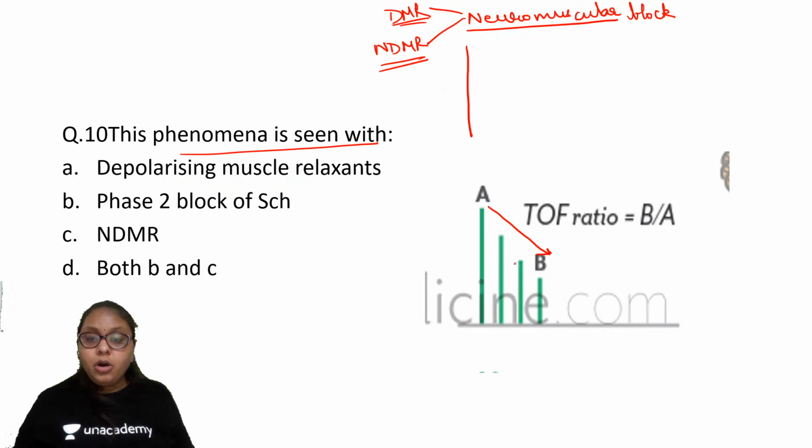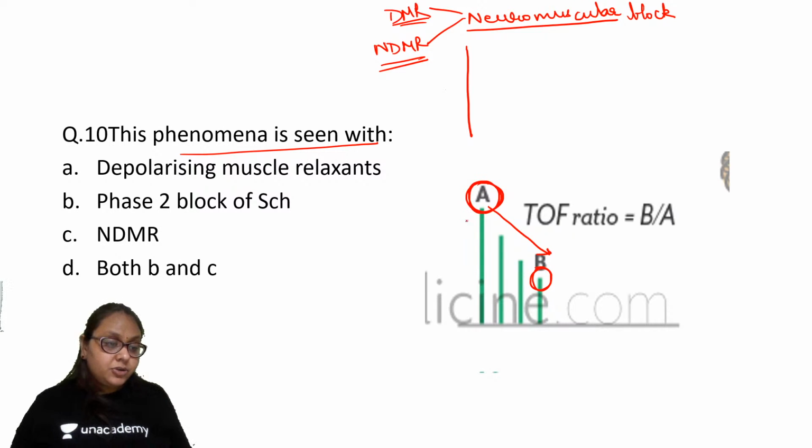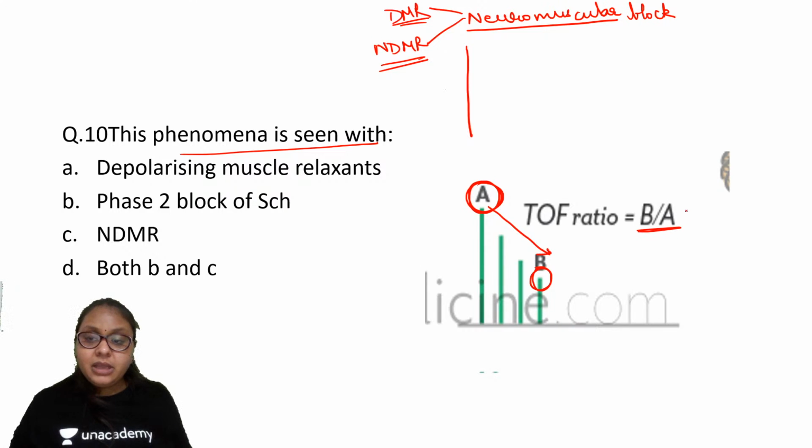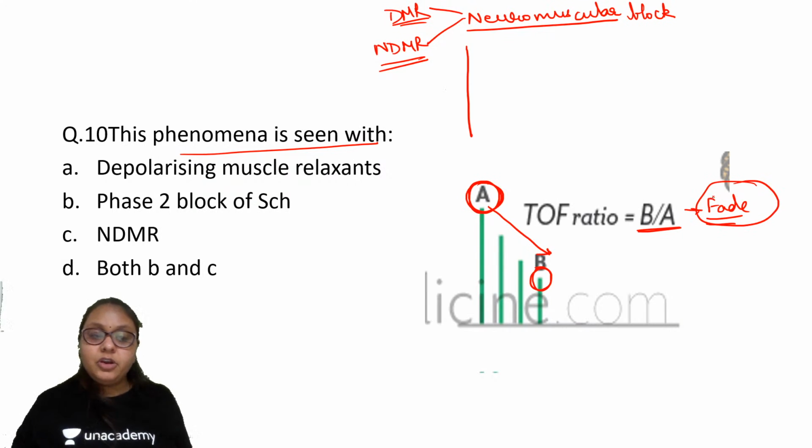So this fade phenomena is the ratio of the fourth twitch upon the first twitch. In the train we are giving four stimuli and seeing the twitch response. The ratio of B upon A: if the amplitude of B is less than that of A, that means there is the fade phenomena.